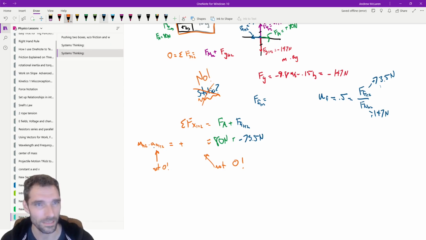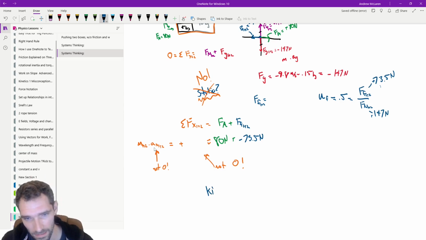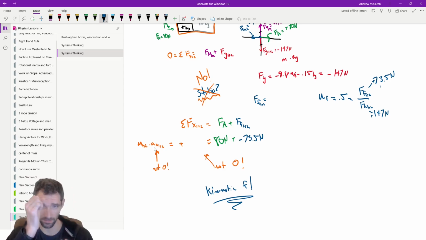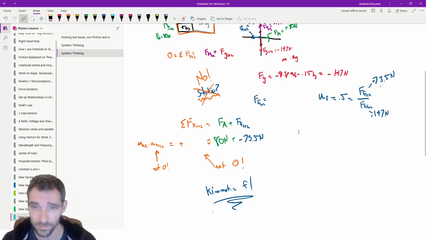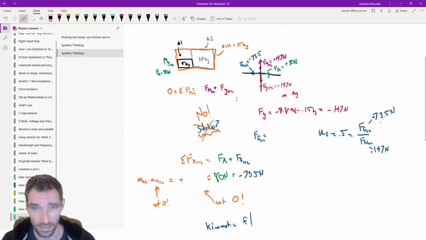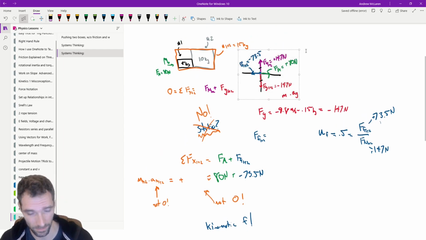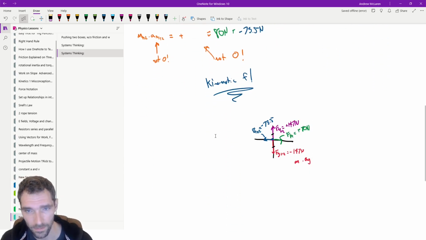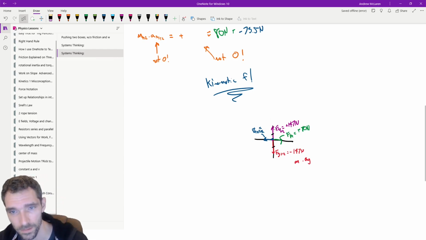No. So this is actually going to be kinematic friction. So we can use some of the math we did earlier because the gravity is still pulling down the same amount. The force normal is still going up the same amount, but we're going to need to think about this force diagram as the kinematic version of this. And when we do that, we're getting a slightly different value.